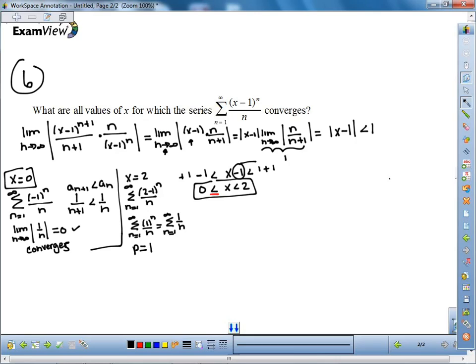Remember, if p is less than or equal to 1, then my p series diverges. So that means that x equals 2 is not part of my solution. So my interval of convergence is going to be from 0 to 2.